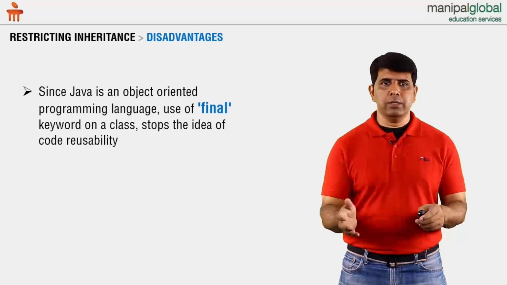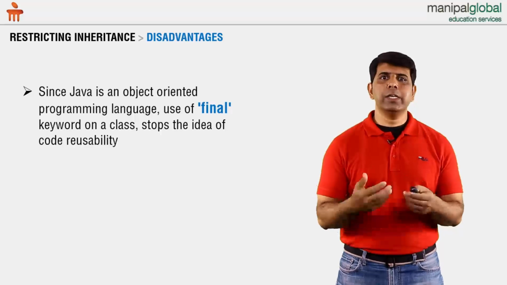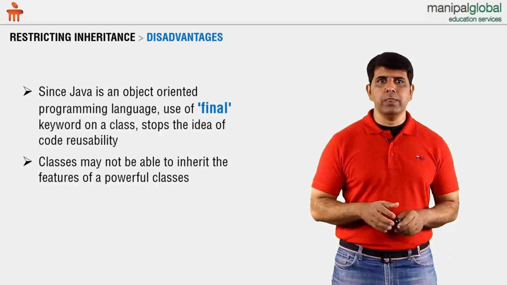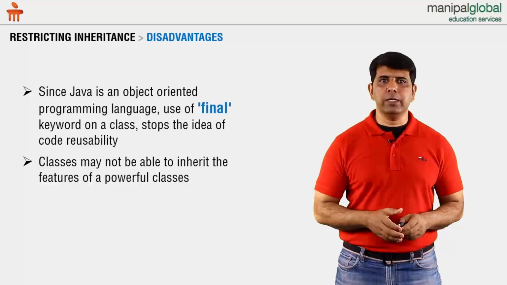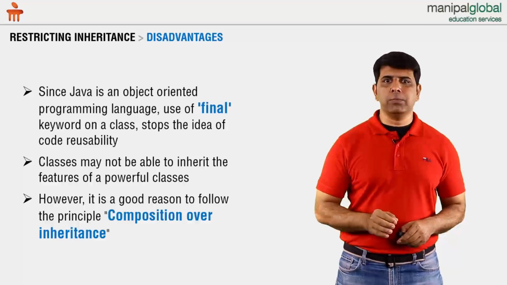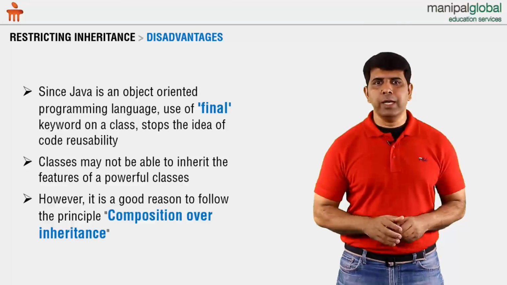So there is another way to do it. But many people think that this is kind of a discouragement because you're stopping a very powerful feature. Classes may not be able to inherit this at all. This is solved by using a very popular principle called composition over inheritance.